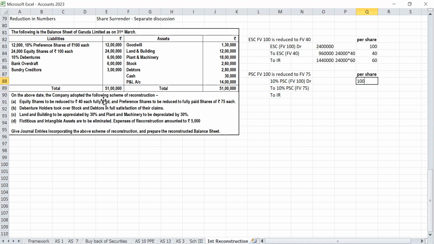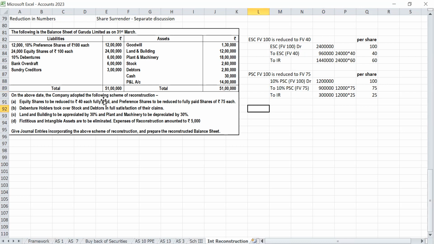Per share entry will be 100, 75, 25, sir. Total 12,000 shares into 100, into 75, 12,000 shares into 25. Clear? Yes, sir.